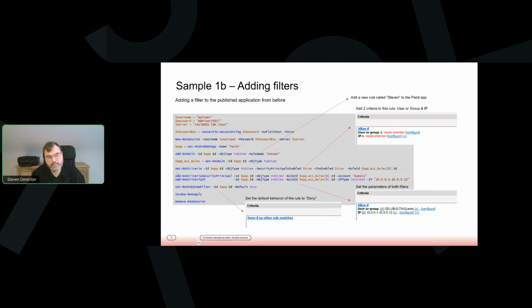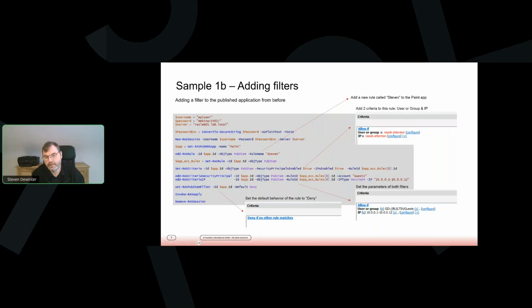So I'm going to add a security principle criteria. On that application, on that published item object, which rule, the first rule. This is where it's very clear that I'm not a developer. I'm just assuming this is empty, and I'm just taking the first criteria.